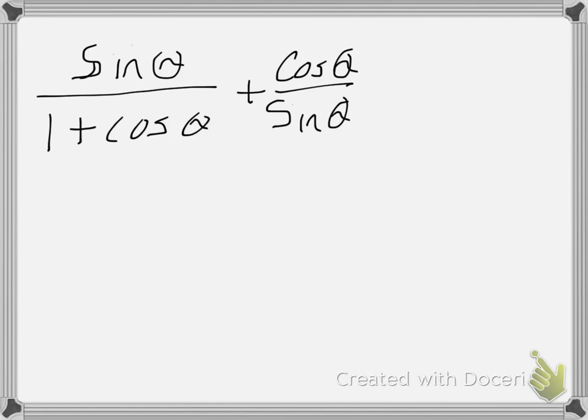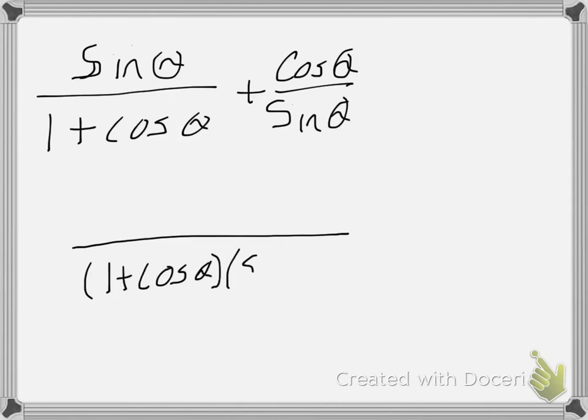Once again, guys, in order to do this, you have to have a common denominator. You can't add without a common denominator. So my common denominator is going to be 1 plus the cosine of theta times the sine of theta. So I know that's my denominator, so I'm going to write it down: 1 plus the cosine of theta times the sine of theta.